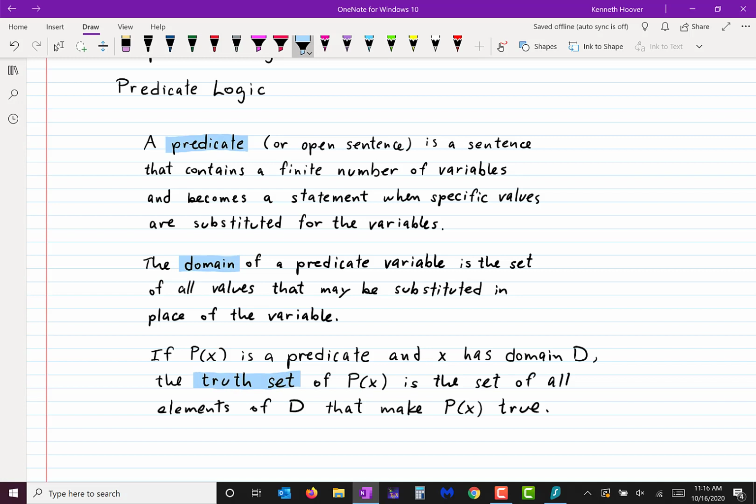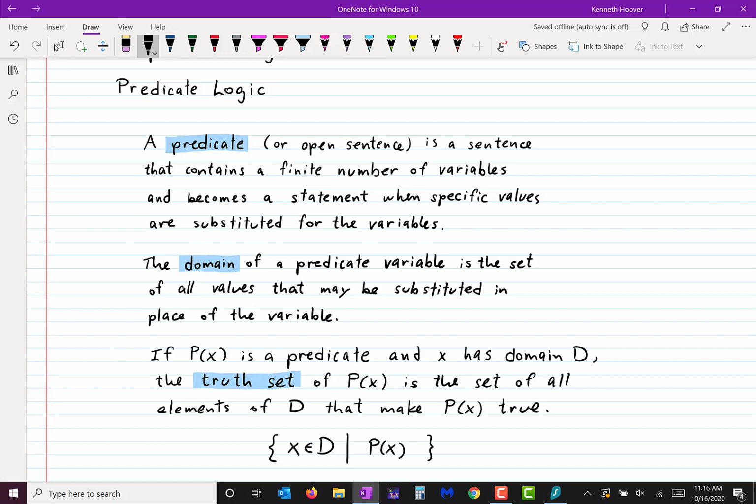And we write it like this. Listen to the words that I say as I'm writing. We say the set of x, that's an element of D, such that P of x.